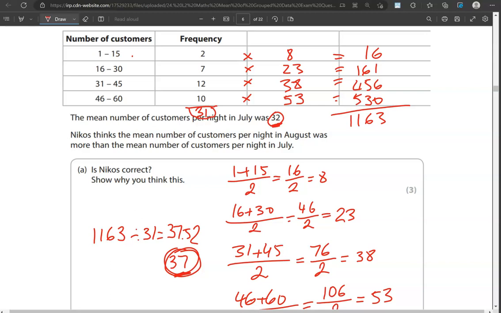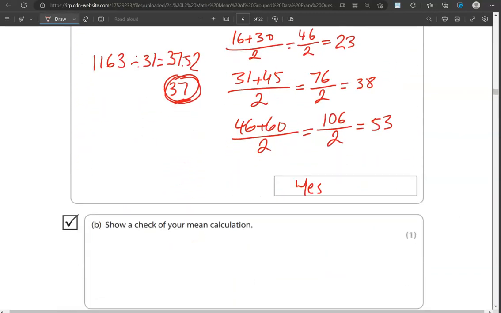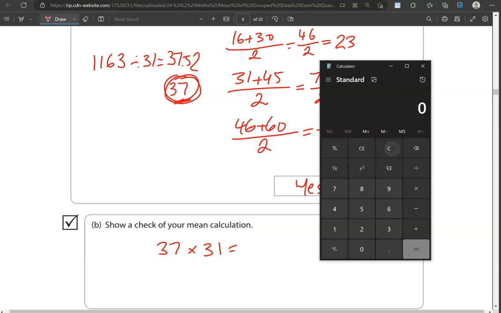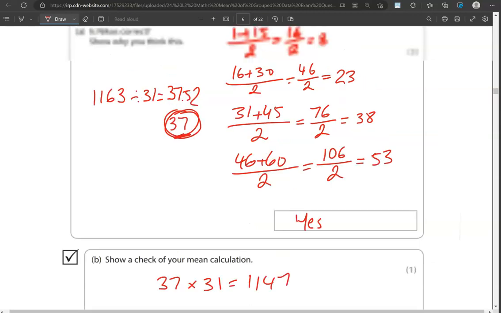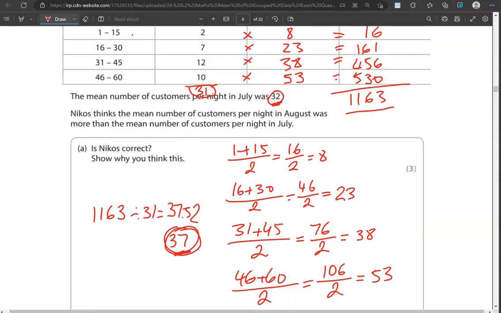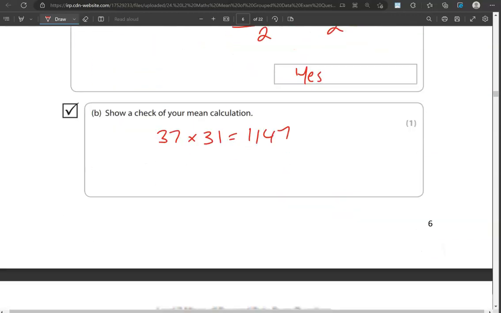So if I multiply 37 by 31, does it give me something close to 1163? And it does. That's just one way of checking.